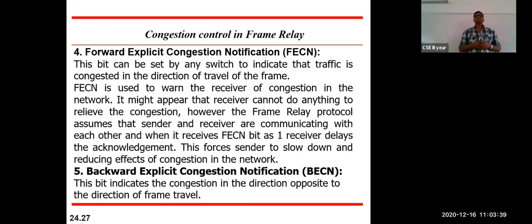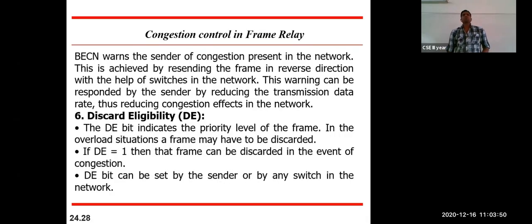Then go to BECN, backward explicit congestion notification. This bit indicates the congestion in the direction opposite to the direction of the frame travel. BECN warns the sender of congestion present in the network. This is achieved by resending the frame in the reverse direction. So FECN helps the destination to understand, BECN helps the sender to understand.